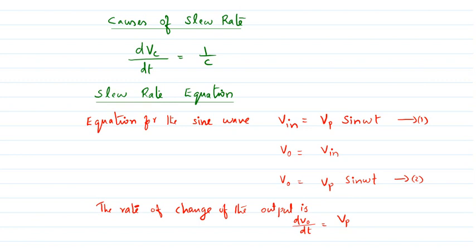The differentiation gives Vp omega cos omega t. So this is equation number 3.